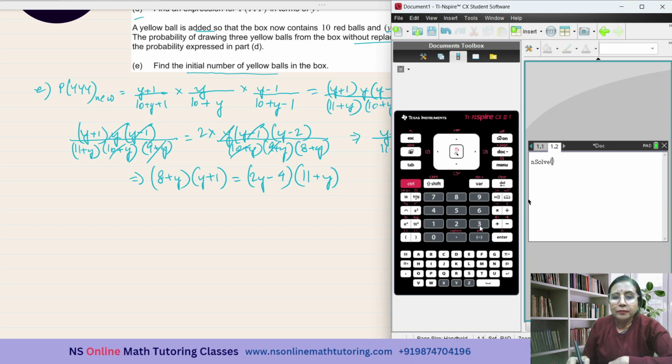It will be (8 plus x) times (x plus 1) is equal to (2x minus 4) times (11 plus x).